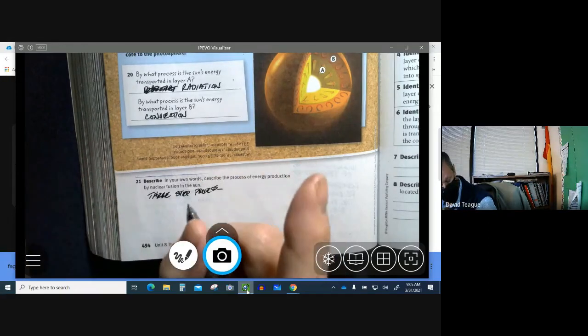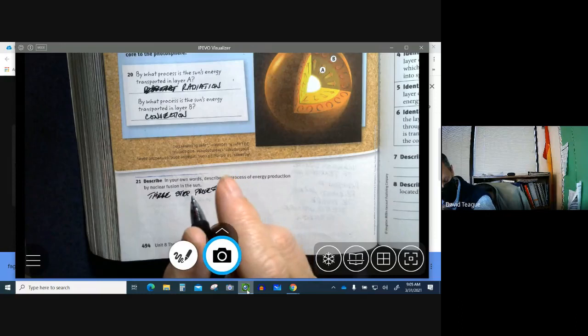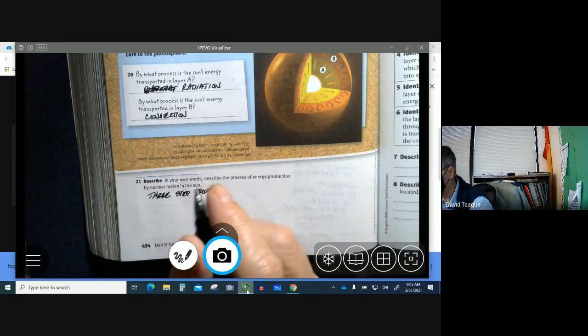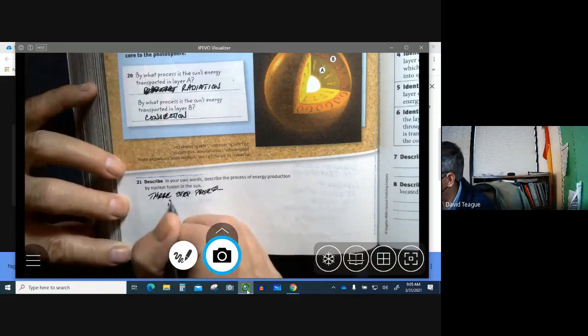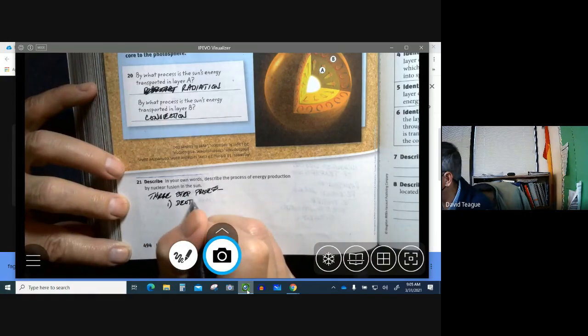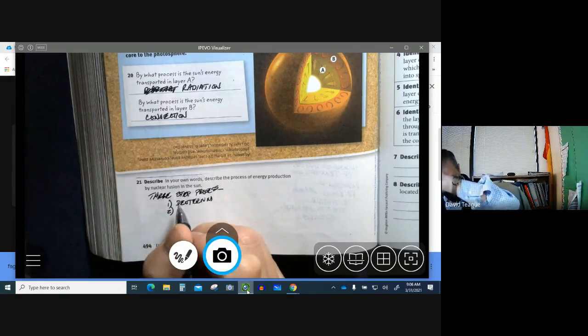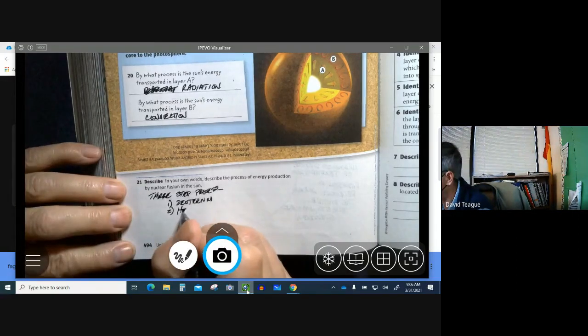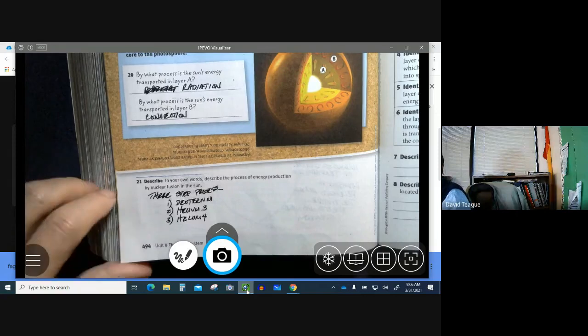It starts with deuterium, and then you get helium-3, and then helium-4. Okay, we'll just keep it simple.